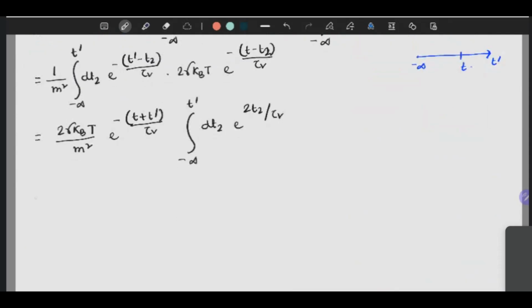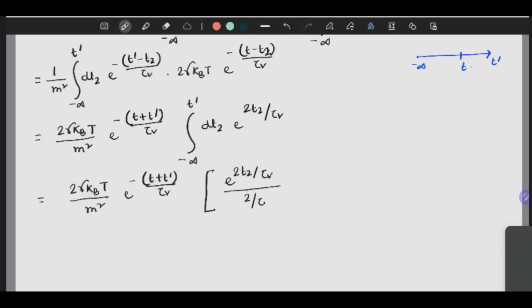Same way, 2 gamma kbt by m squared e to the power minus (t plus t prime) by tau v, and this will give you e to the power 2t2 by tau v divided by 2 by tau v, from minus infinity to t prime. For minus infinity it will be 0, for t prime it will be there.